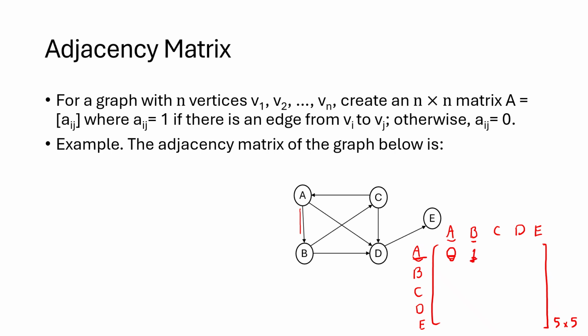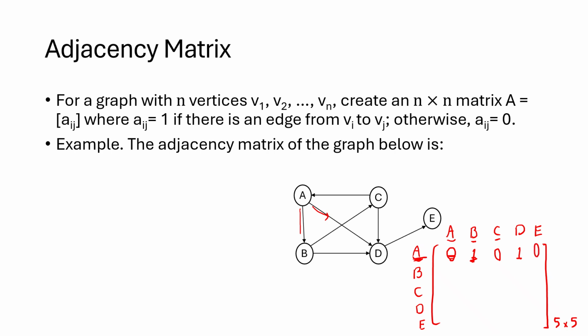Now for the next one, we ask the question whether there is an edge going from A to C. And if you look at the graph, there is no edge going from A to C, which means this entry will be 0. And for the next one, is there an edge from A to D? You see that there is an edge going from A to D, that's down here, and therefore this entry is 1. And finally, for the last entry on the first row, we ask the question, is there an edge going from A to E? And if you look at the graph, there isn't, which means that this entry is going to be 0.